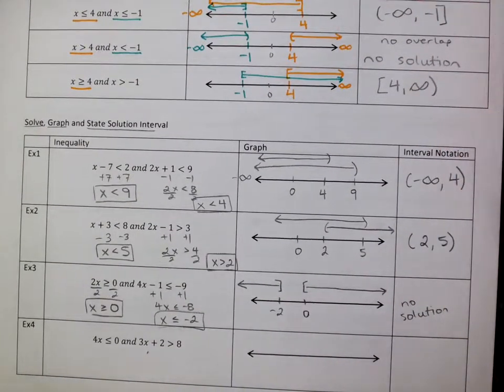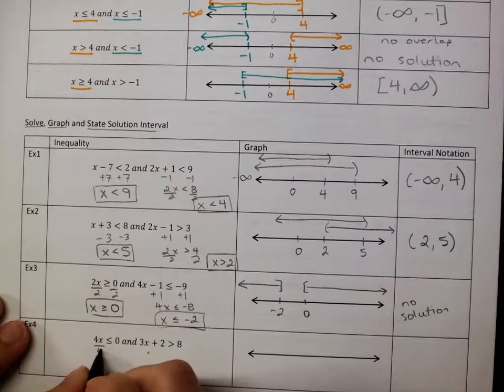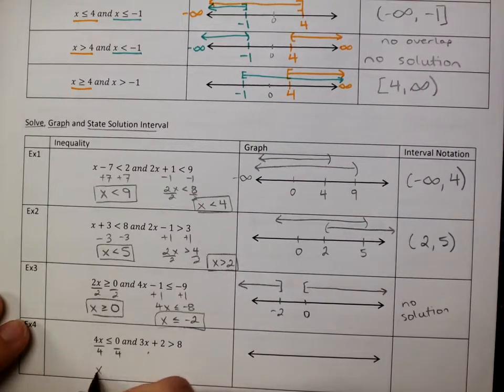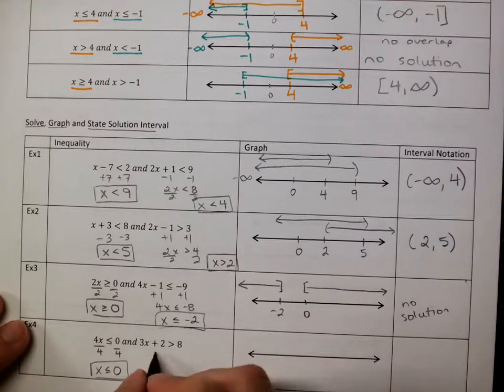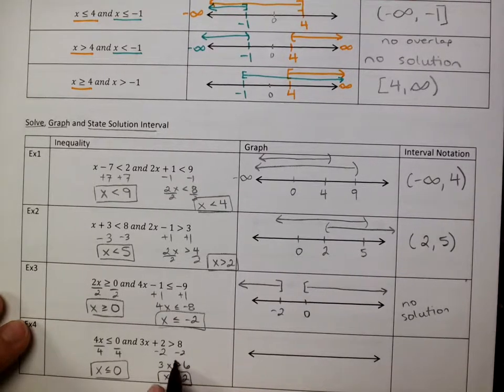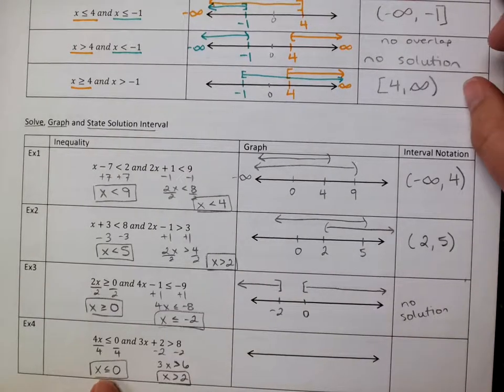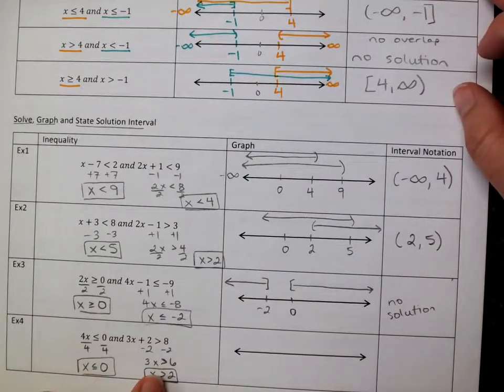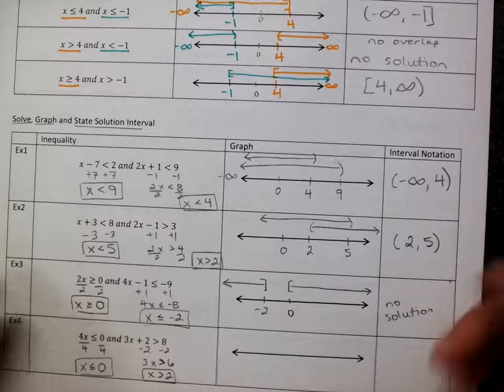And last but not least, example 4. Divide by 4. X is less than or equal to 0. Solve the other one. You should get x is greater than 2. So x is less than or equal to 0 and x is greater than 2.